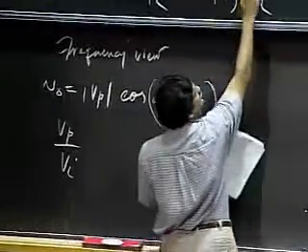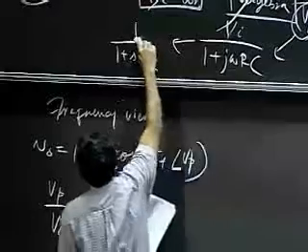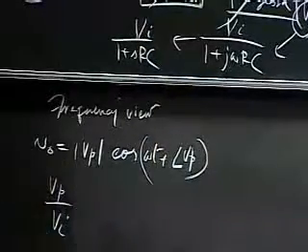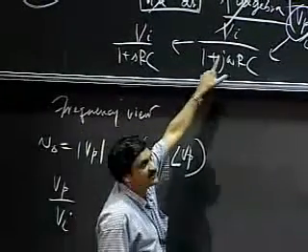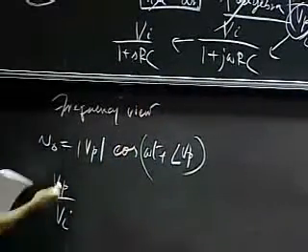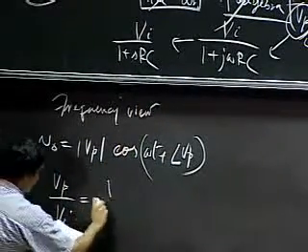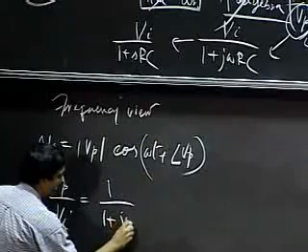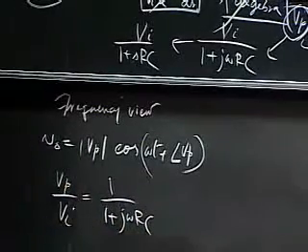Oh, that's Vp, so this one should be Vi here. So Vp divided by Vi is simply 1 by 1 plus j omega RC.